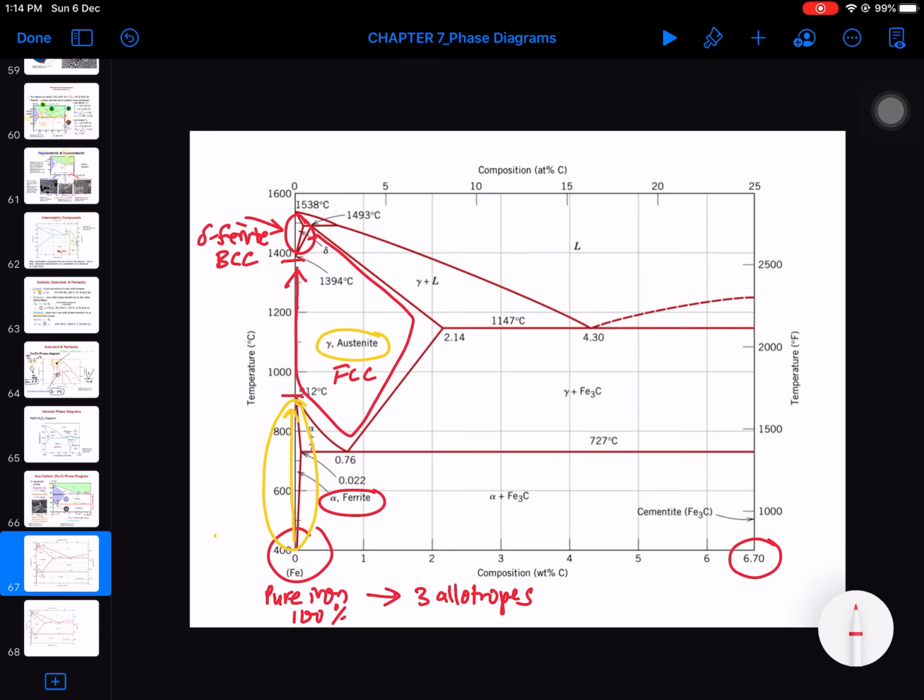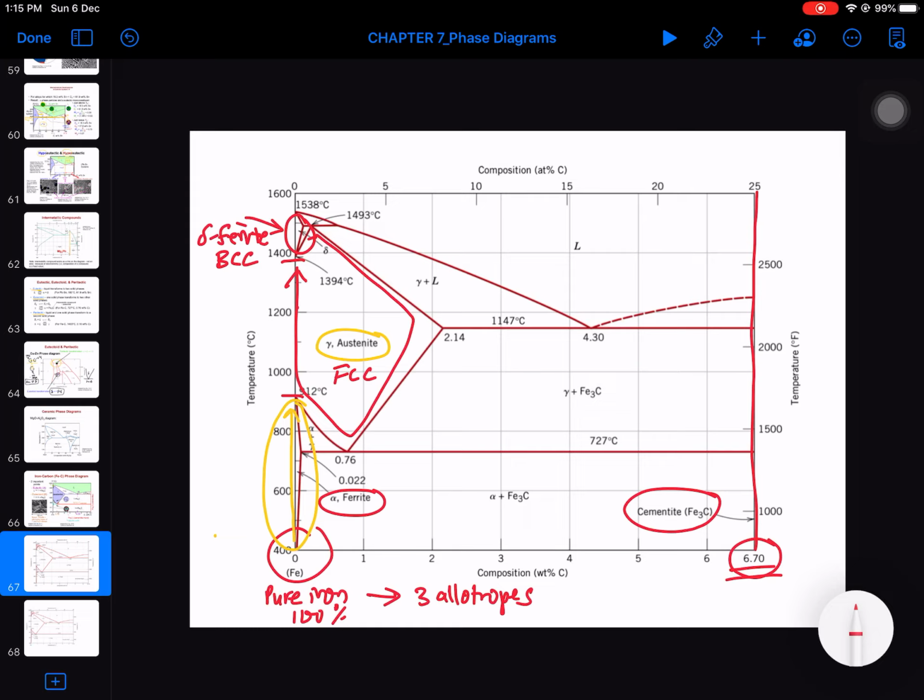At this amount of carbon exists what we call an intermetallic compound, known as cementite.